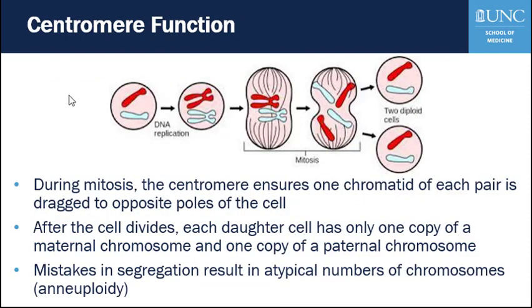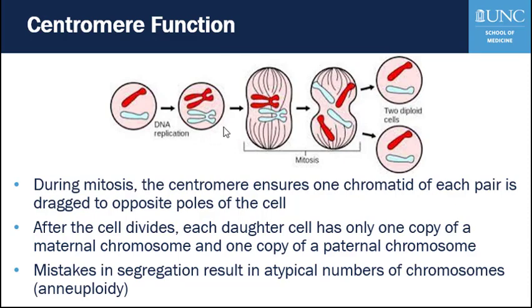So first, let's look more closely at centromere function and how centromeres control the segregation of chromatids during the mitosis phase of the cell cycle. And so remember that just before cell division, during the S phase or synthesis phase, DNA replication generates 2 copies of each chromosome.